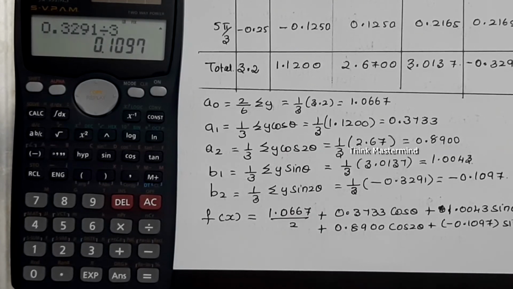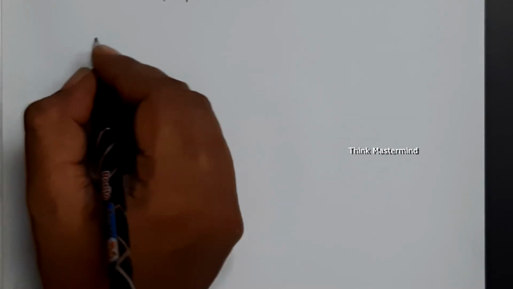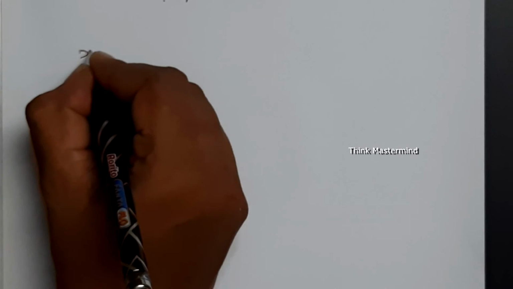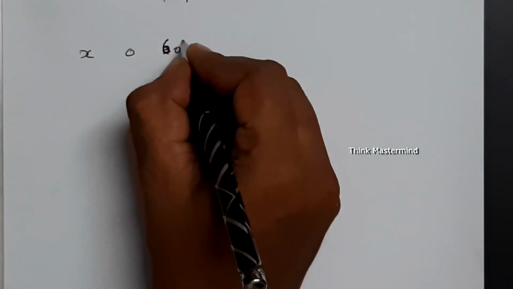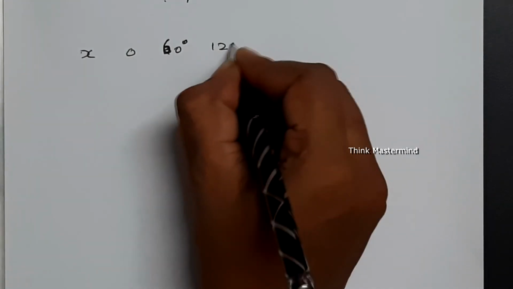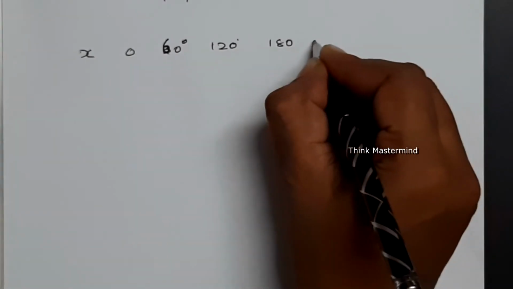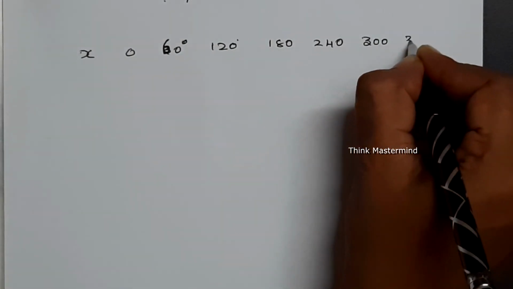Fourier series. So previous problem the x is given in radian form. Suppose the x is given in theta form, the same data of y. So x is given as 0. X is in degree form, that is 0, 60 degree, 120 degree and 180 degree and 240 degree, 300 and 360.